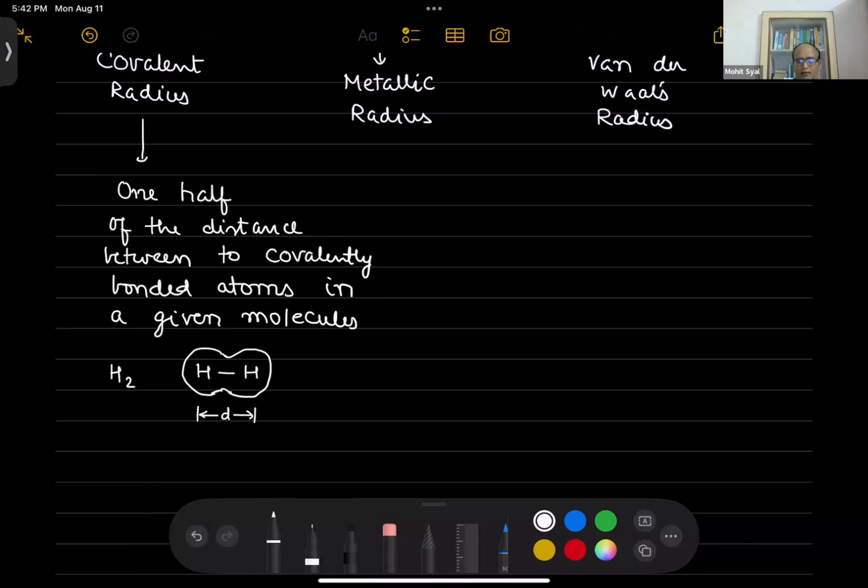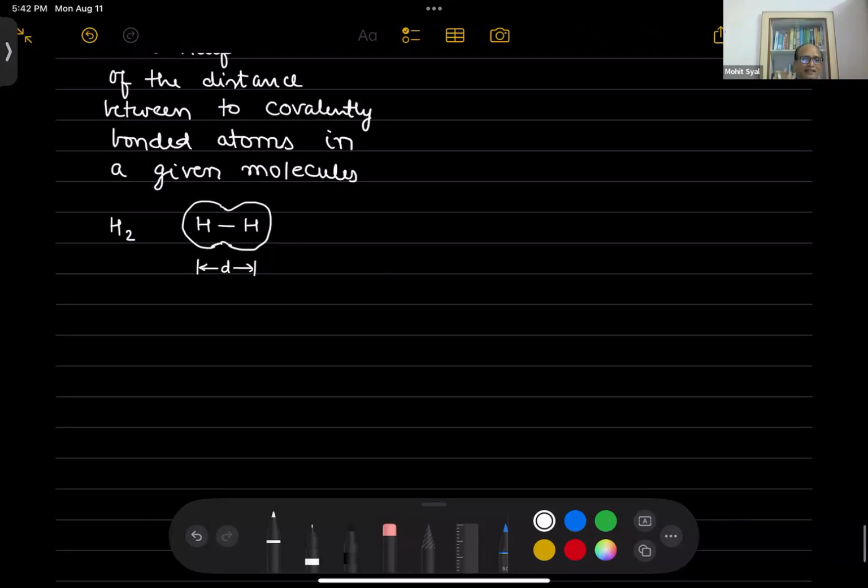And you can do this by X-ray, because in X-ray you can see the nucleus, and you just half it. This distance of the hydrogen is 74 picometer.